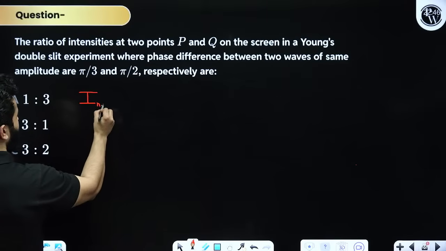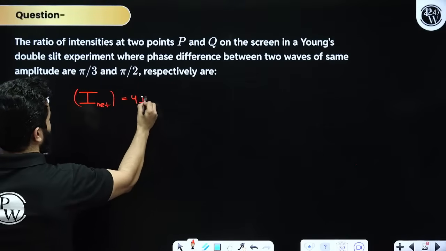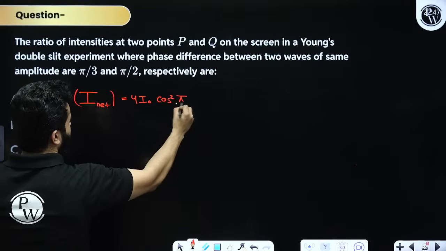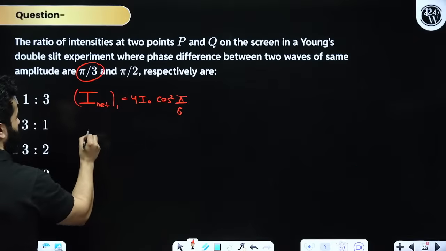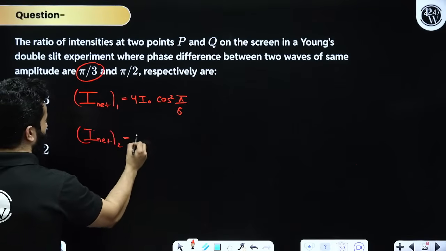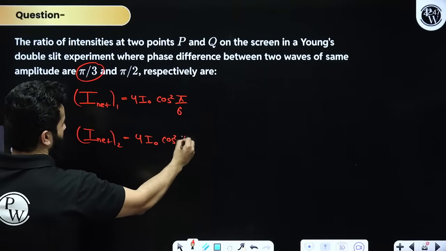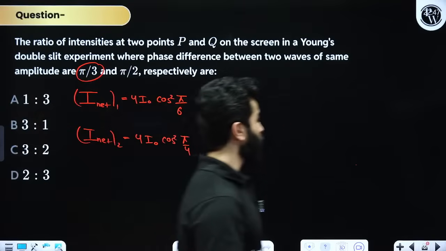I net 1 will be equal to 4 I naught cos square pi by 6, and I net 2 will be 4 I naught cos square pi by 4, and then take the ratio of these two.